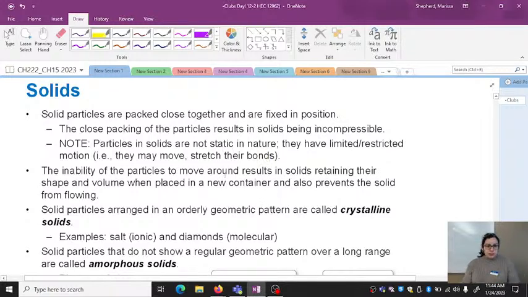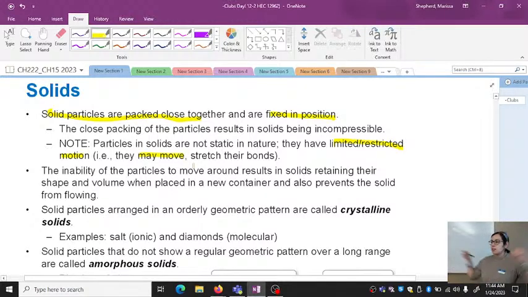And so solids, if we think back to our first quarter, we said they were packed close in fixed positions. Obviously there's still electron movement around the atom, but otherwise our molecules are mainly staying in place. They have some vibrational and rotational freedom, but otherwise they're static or have limited, restricted movement.